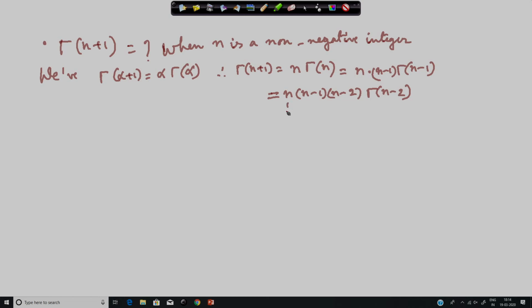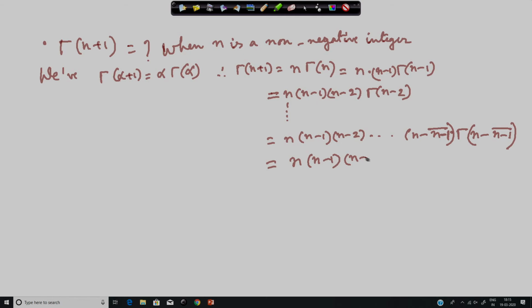So, continuing in this way, we will have n minus 1, n minus 2 up to n minus n minus 1 gamma n minus n minus 1. Okay. So, what is that? n into n minus 1 into n minus 2 into up to 3 into 2 into 1 gamma 1.